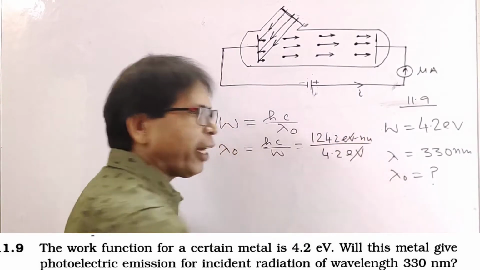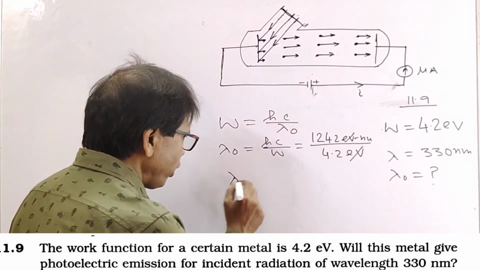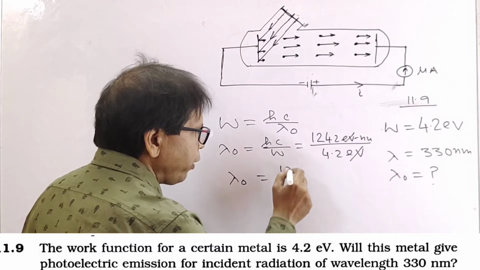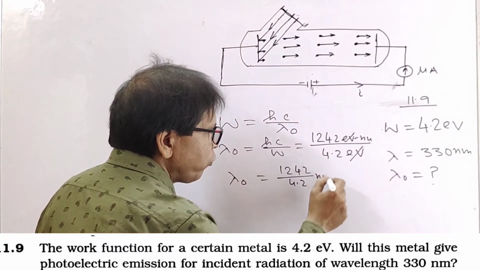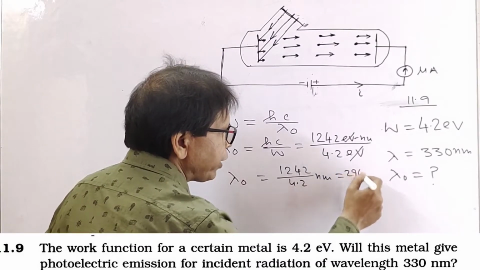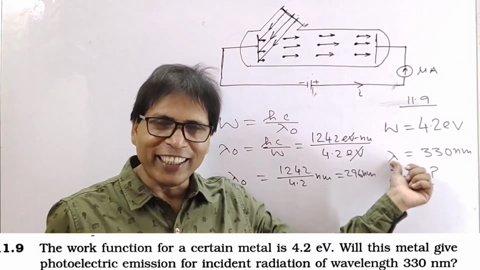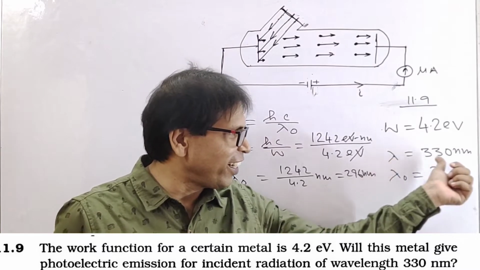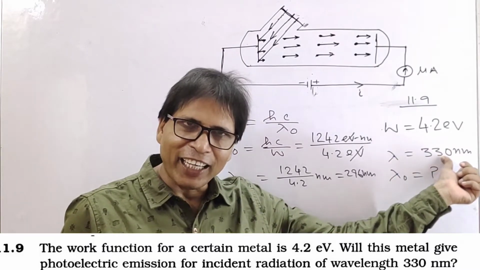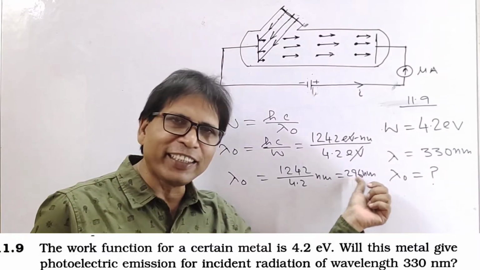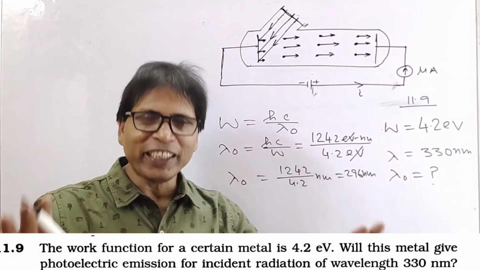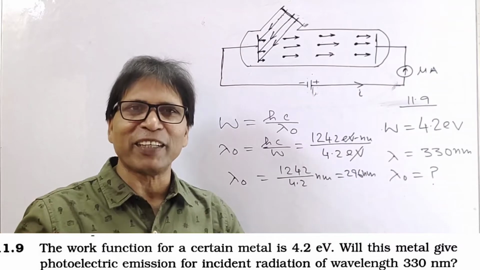Now eV and eV cancel out, so lambda naught is equal to 1242 by 4.2 nanometer, which equals 296 nanometer. Look at this, the wavelength of incident radiation is 330 nanometer and threshold wavelength is 296 nanometer. So emission of electron does not take place.